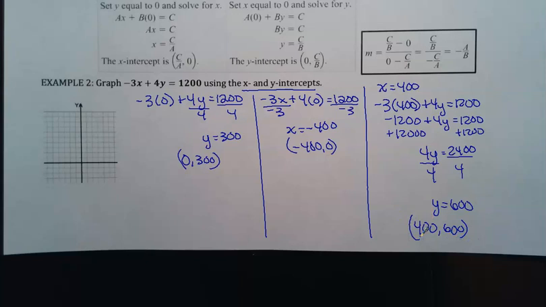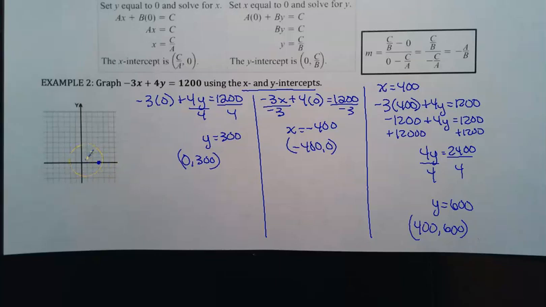All right, so on my graph, it's not numbered, but we're going to assume that each one kind of goes up by 100 because I couldn't find those graphs.